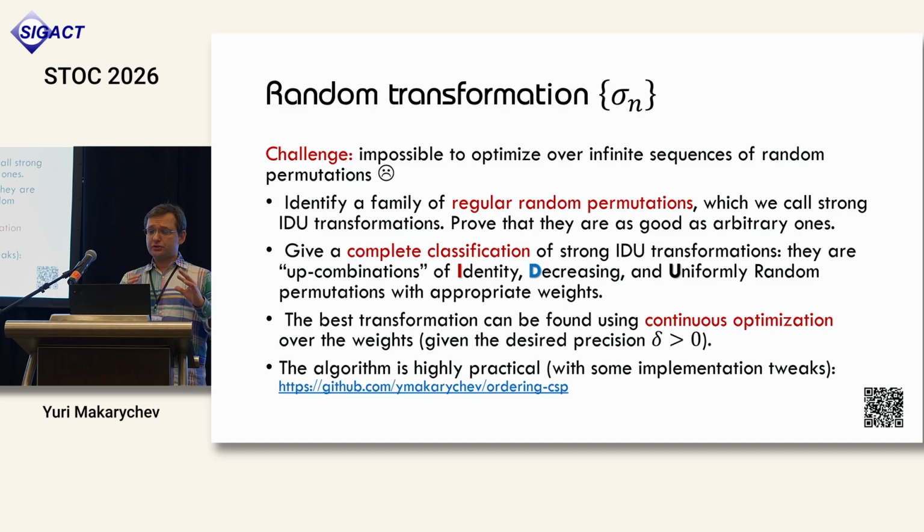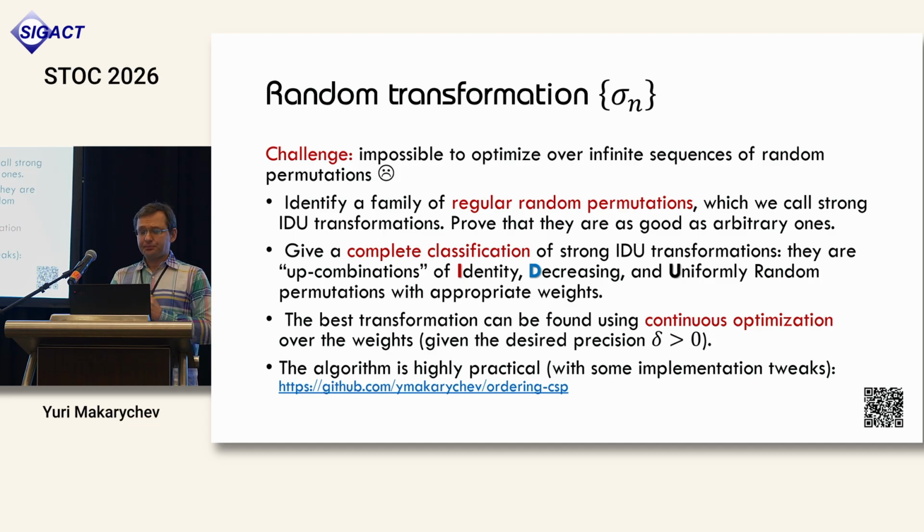So we can focus on those, and then we provide the complete classification of sequences of permutations from this family, and it turns out that they are combinations, in a certain sense, of the identity, decreasing and uniformly random permutations with appropriate weights, and the problem reduces to optimizing these weights.